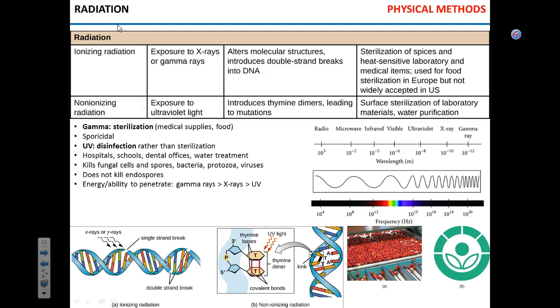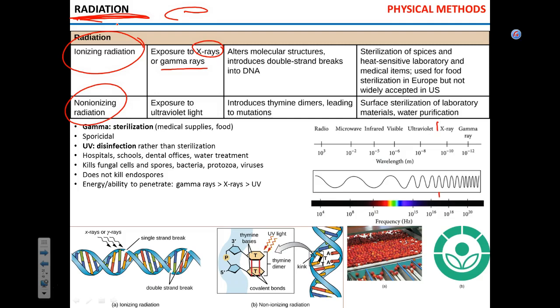The first one will be the radiation. It's basically the second largest, if I can say, method. There are two types of radiation-mediated control methods: ionizing and non-ionizing radiation. Generally speaking, the ionizing radiation methods can be performed by using X-rays or gamma rays.